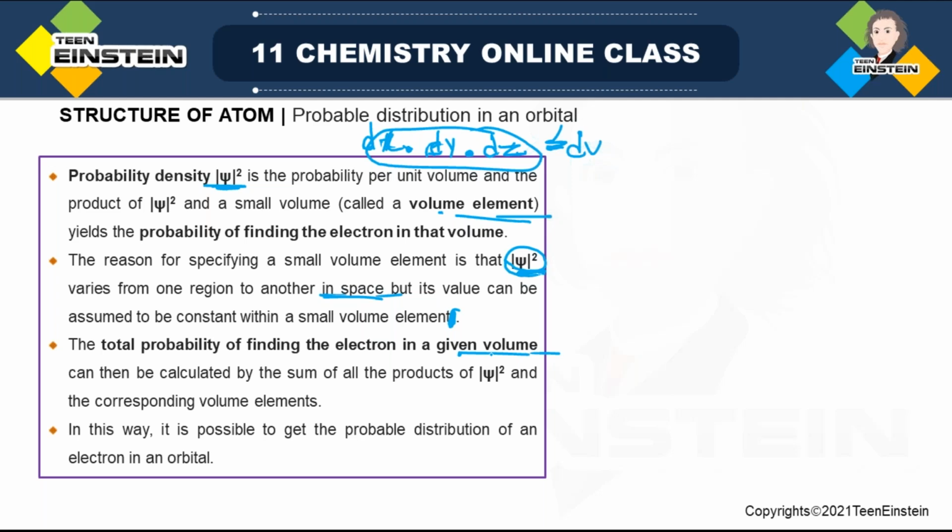If you sum all these products of chi square and the corresponding volume element, then you can get the total probability of finding the electron in a given volume, which is large. In this way, it is possible to get the probable distribution of an electron in an orbital. So this is the significance of this term, probability density.